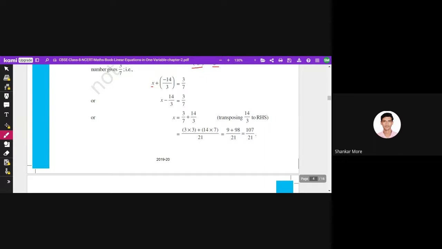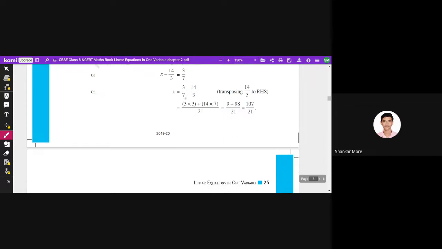You try to understand this. This becomes confusing. Here we are transposing, that means we are transposing the negative, or the subtraction, and adding it on the right side. Okay, so see, x is equal to 3/7 plus 14/3.